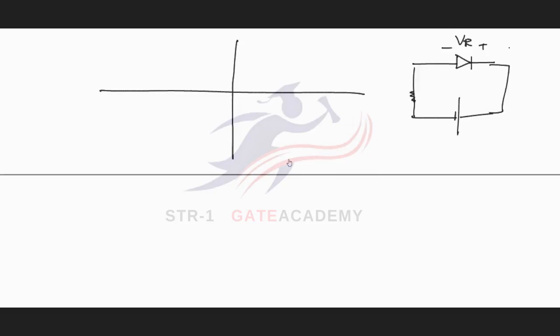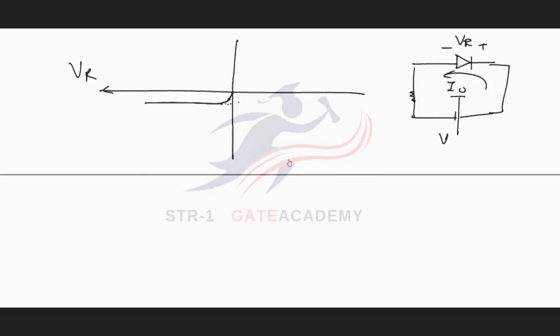It was VD in the case of forward bias PN junction, and it is VR in the case of reverse bias PN junction. And this voltage V is applied. Due to this voltage, a small current flows through the diode, which is equal to I naught called reverse saturation current.